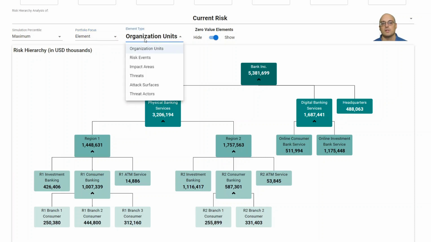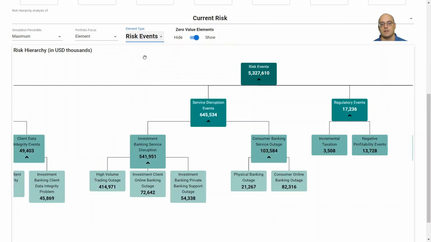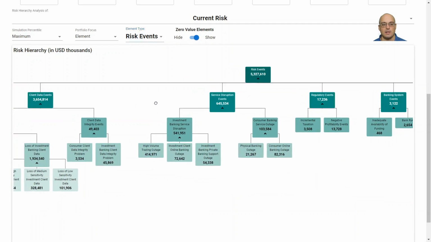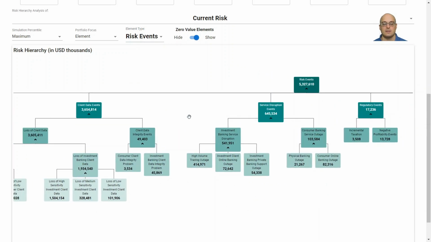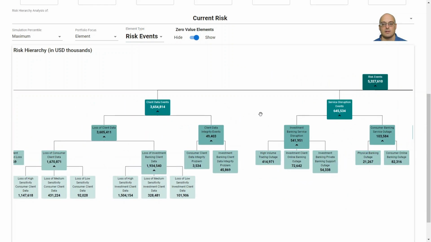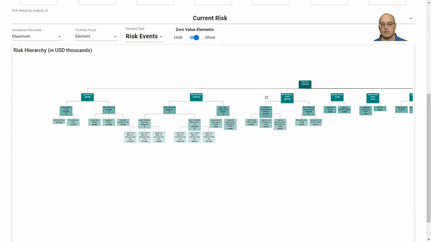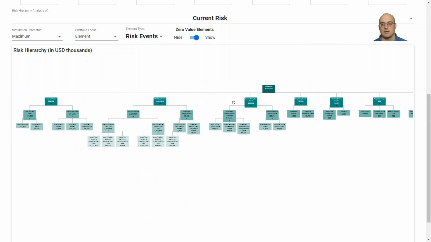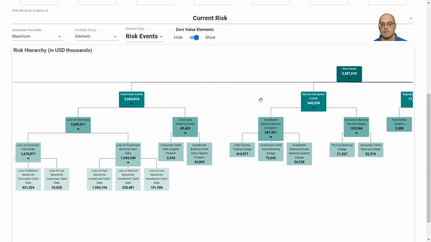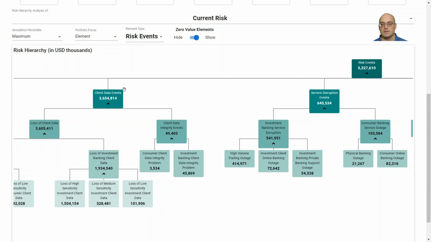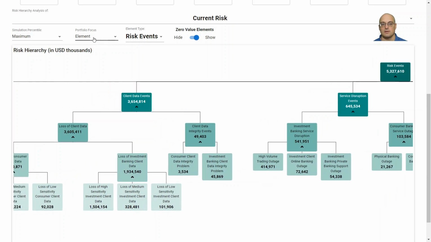Another very interesting insight that you can get from this comes out in the risk events. Even though this is not always the case, in this situation this can be relevant. In the risk event view, you can see that the hierarchy focuses on enterprise risk areas, but within the enterprise risk, client data events have the most significant values.